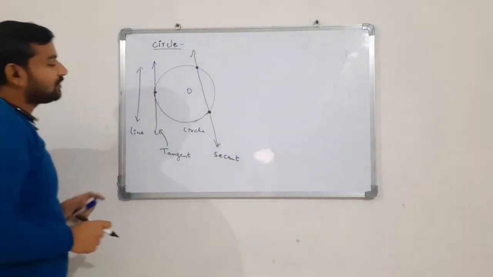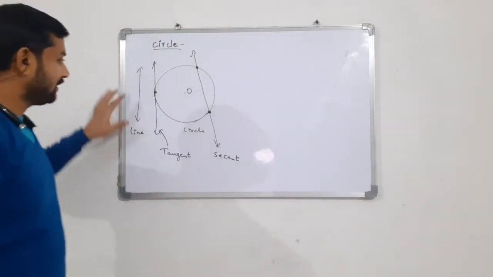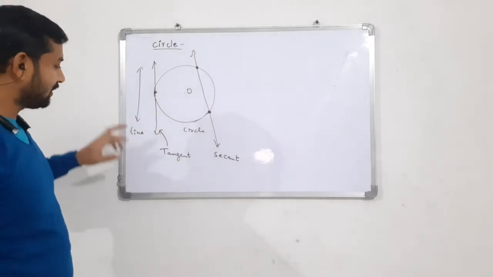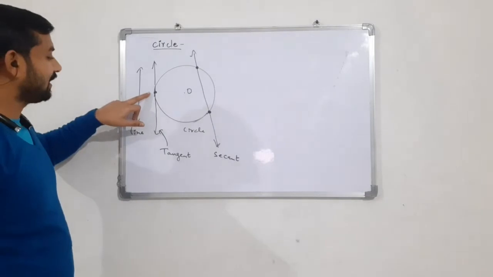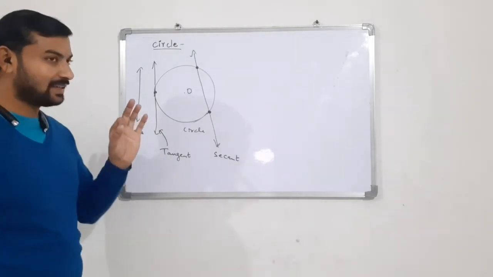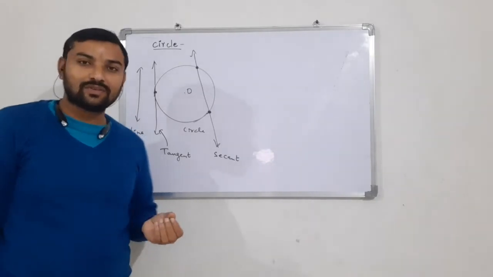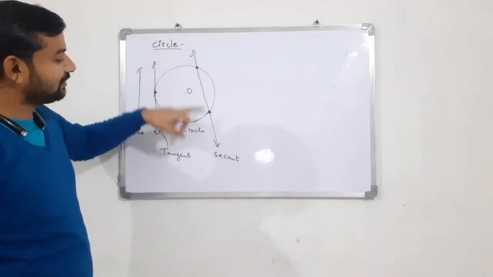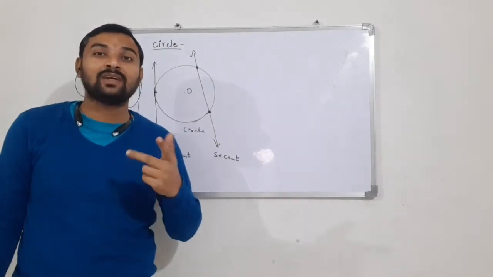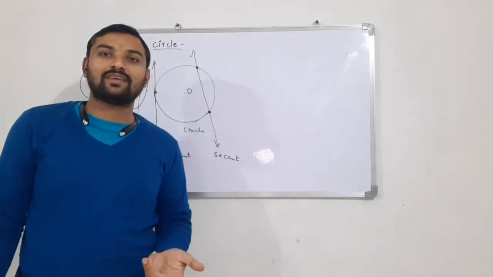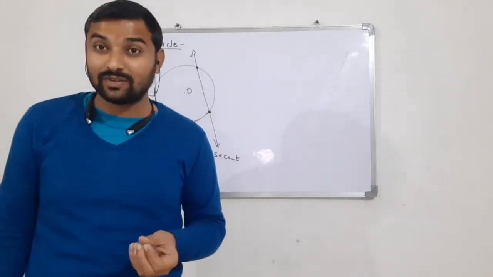So when we are talking about the system of a circle and a line, if a line is outside of the circle, then simply it is a line as we know, and if this line intersects the circle at exactly one point, then this is called a tangent to the circle. And if it intersects the circle at exactly 2 points, there will be only two possibilities as far as the intersection of circle and line is concerned.